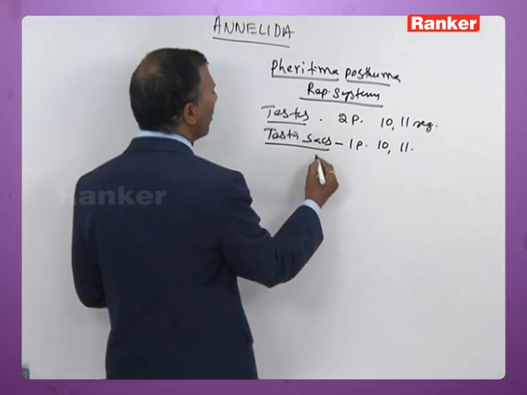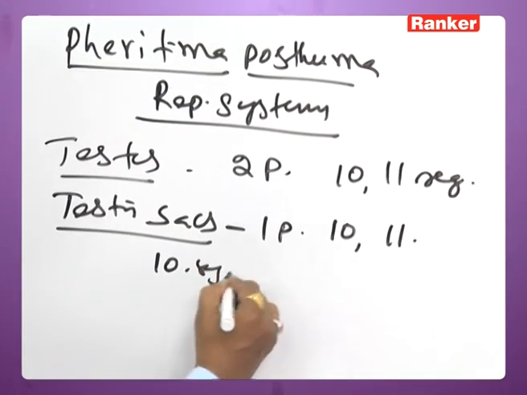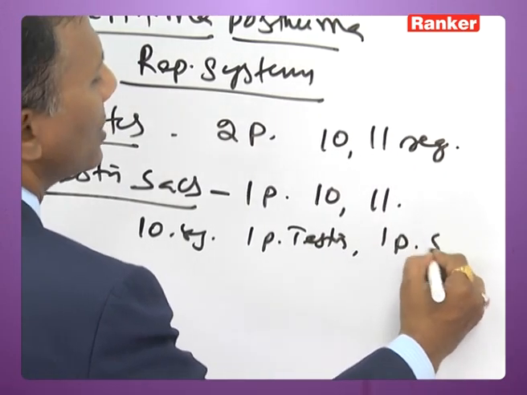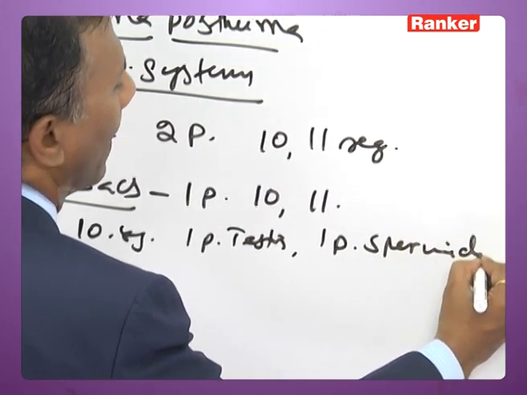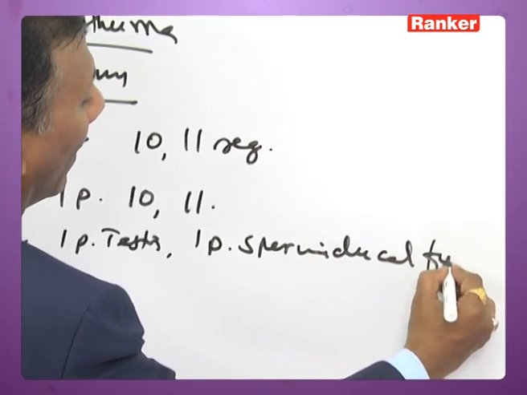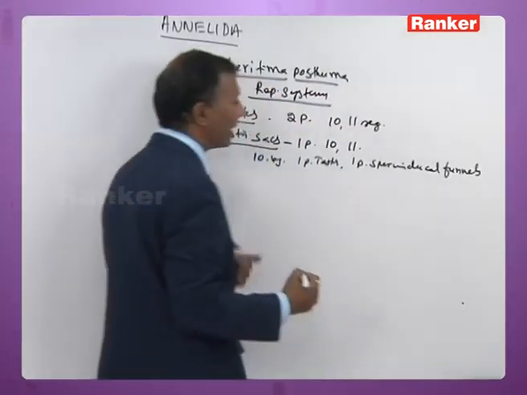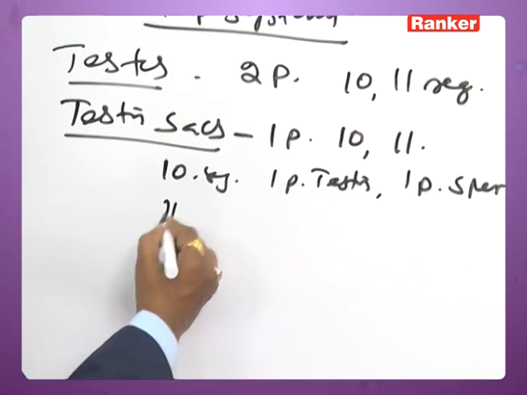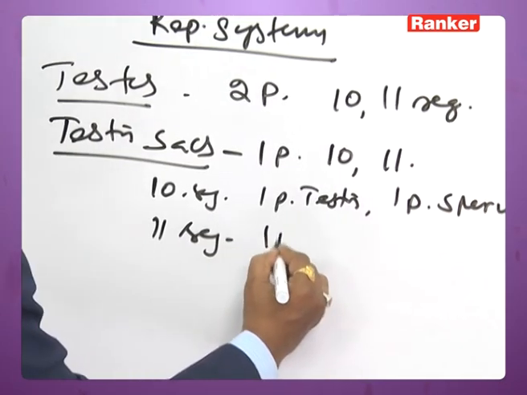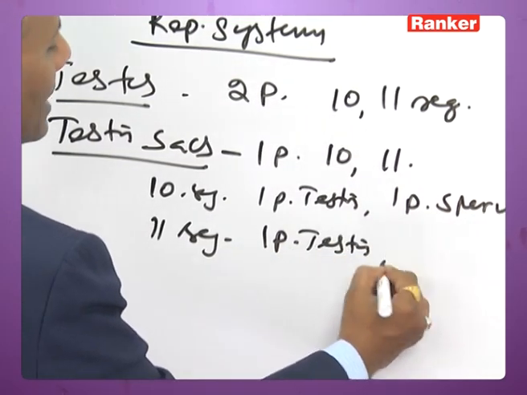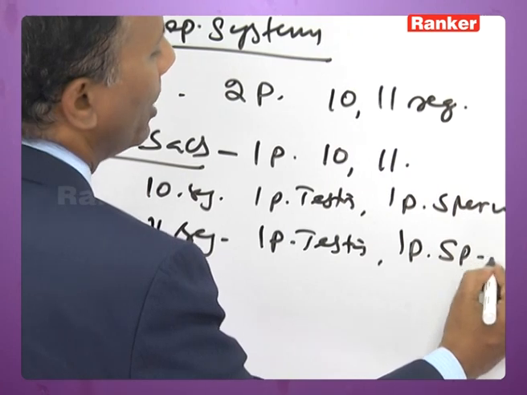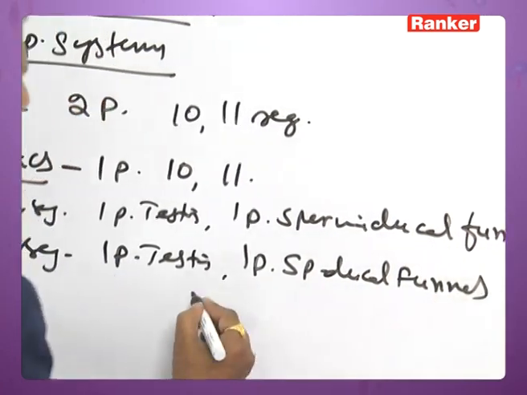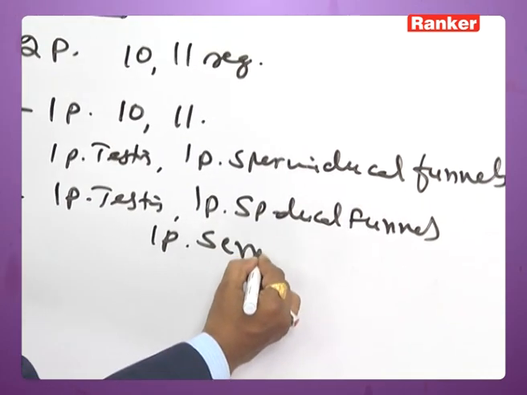It encloses one pair of testes and one pair of spermiducal funnels, while the testis sac of the 11th segment encloses one pair of testes, one pair of spermiducal funnels and one pair of seminal vesicles.